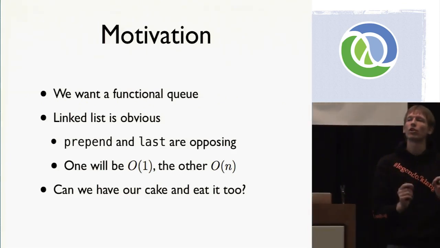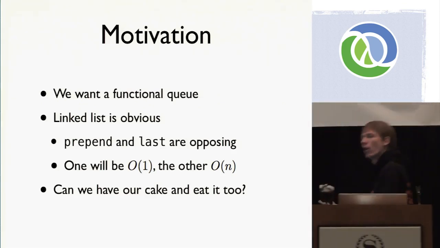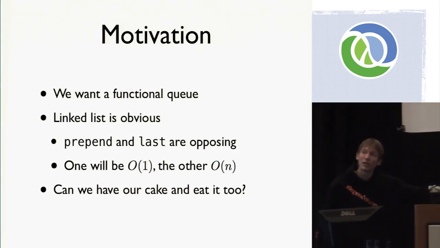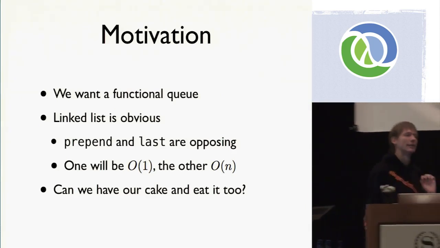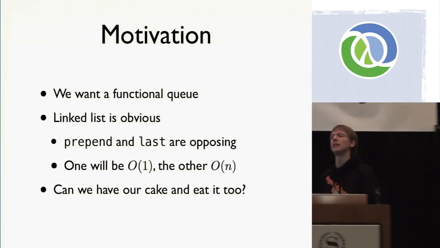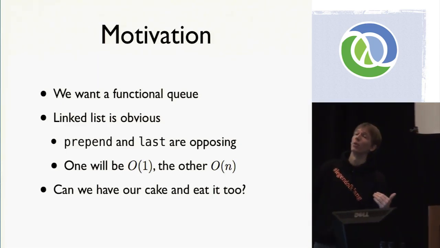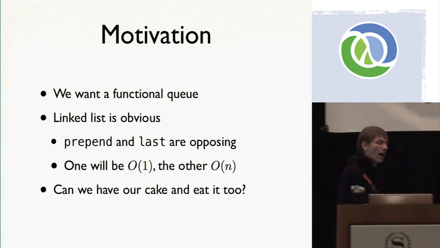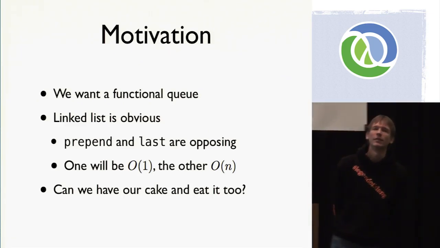And this violates our goal of comparable asymptotic performance because we have this nice queue data structure in mutable contexts that gives us constant time insert and remove. So Banker's Q is an attempt to do this.